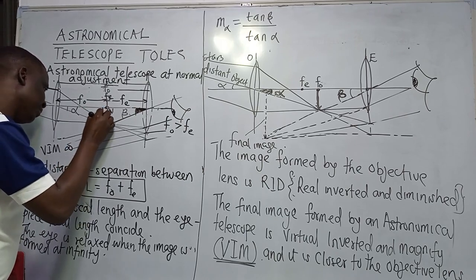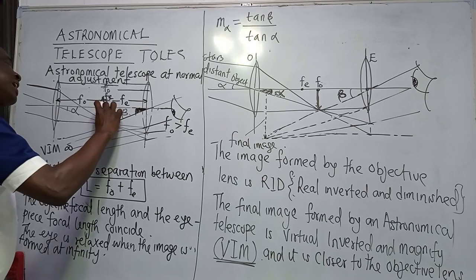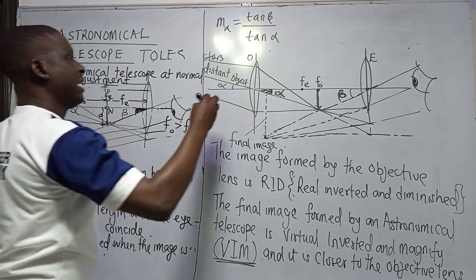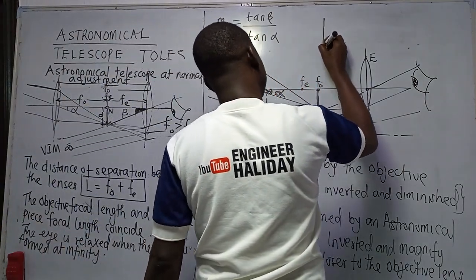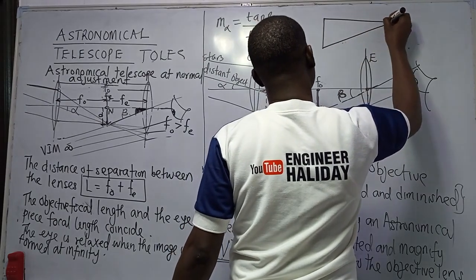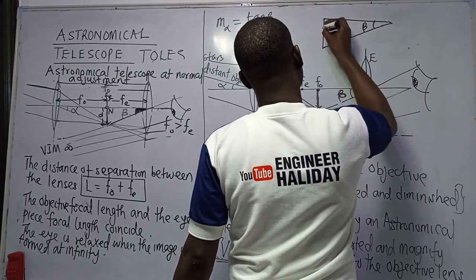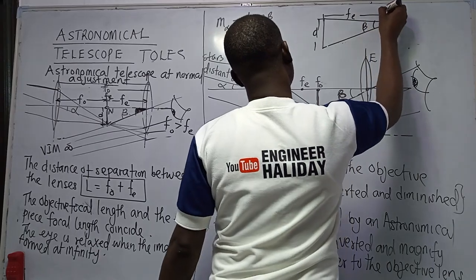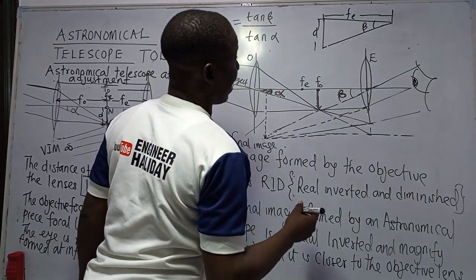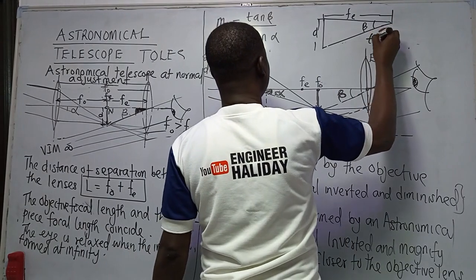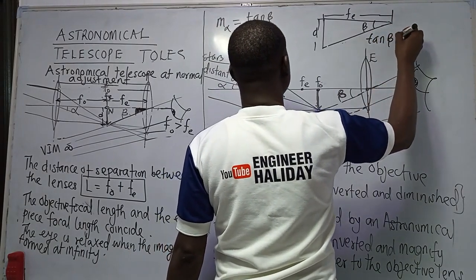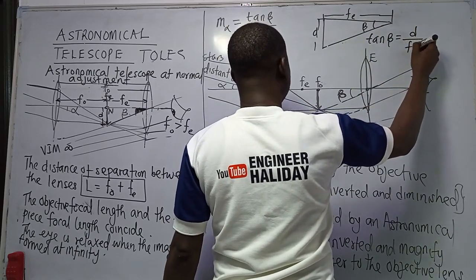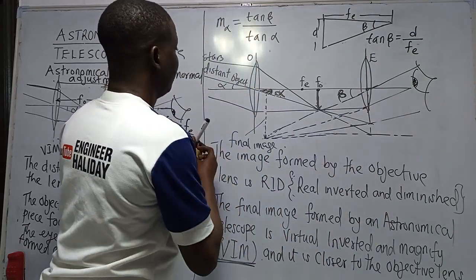Let's call the height of the image D. If you check the diagram clearly, here is beta, here is D, and here is F E. Using SOHCAHTOA, tan beta is equal to opposite over adjacent.